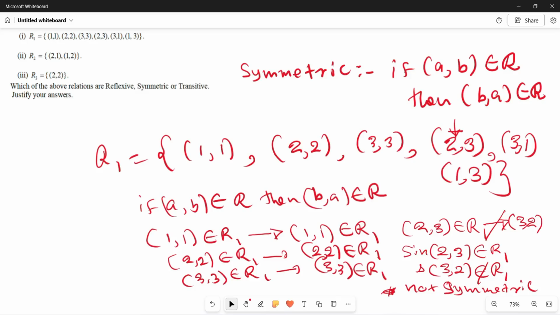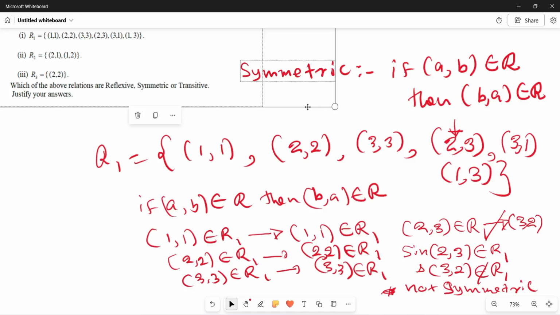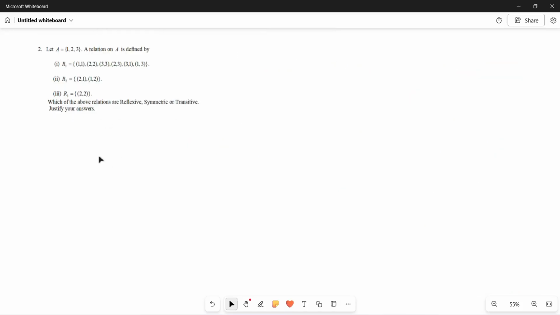We'll see what is transitive. We'll see how to prove the transitive. Right, now transitive, in the same manner we'll define what is transitive here. What do you mean by transitive?